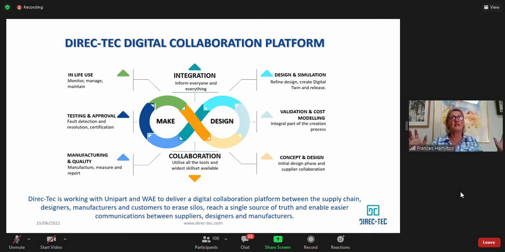So it's an end-to-end data supply chain to erase the silos that you find in your various software pockets, where you might have information contained in somebody's head, in somebody else's email system, on somebody's desk on a piece of paper.